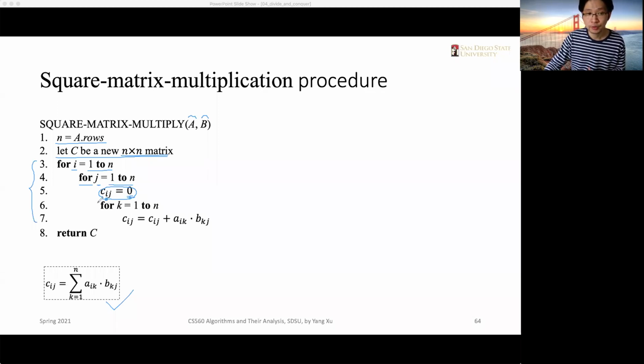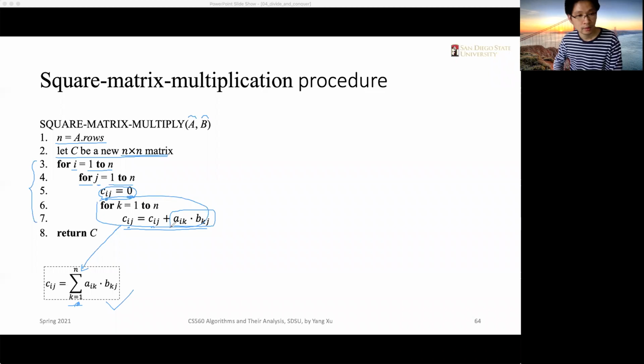So we need to use a third for loop to implement this sigma operation, right? The sigma operation is the summation of a series. Any kind of series needs to eventually be implemented using some loop structure, right? So we use a third for loop to do this summation over k, okay? And it's a cumulative summation. So Cij will be updated after we have added the product here.